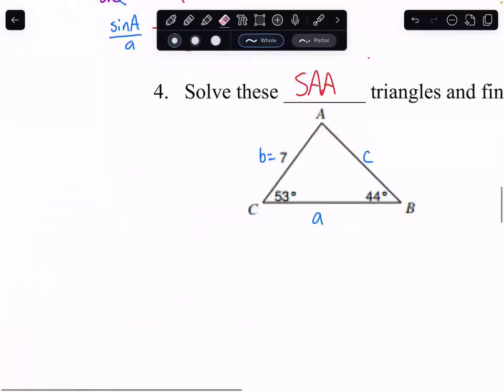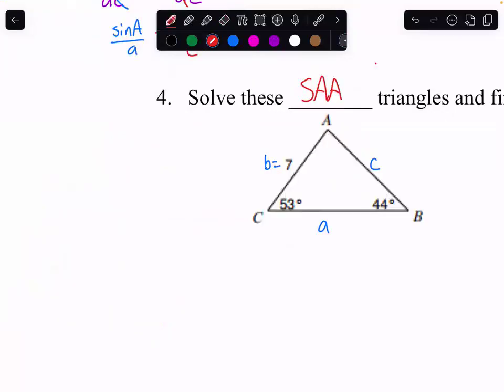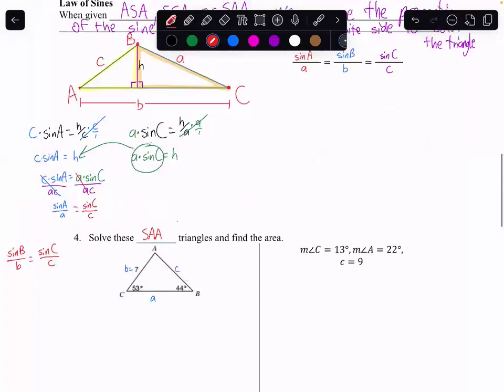Okay, so we're going to use the fact that sine of capital B over lowercase b equals sine of capital C over lowercase c. So we're using the last two thirds of the law of sines right now.